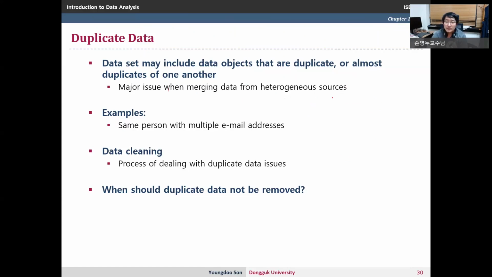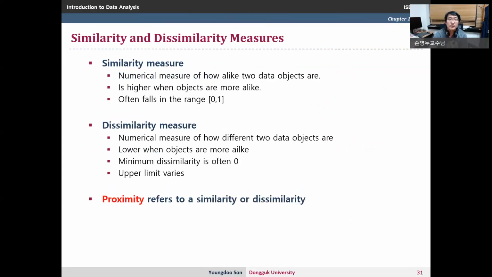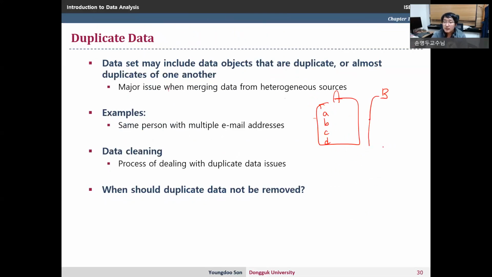For example, I have two classes. For class A, there are students A, B, C, D. For class B, we have students A, B, E, F. Then if we merge the students of the two classes, we get A, B, C, D, A, B, E, F. Here student A and student B are duplicated.